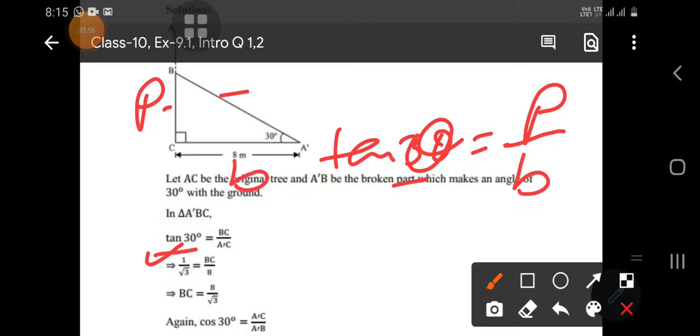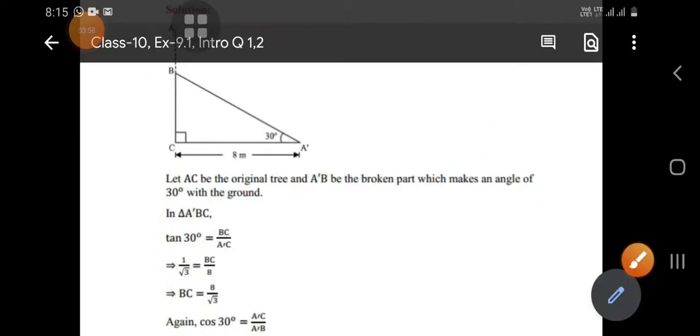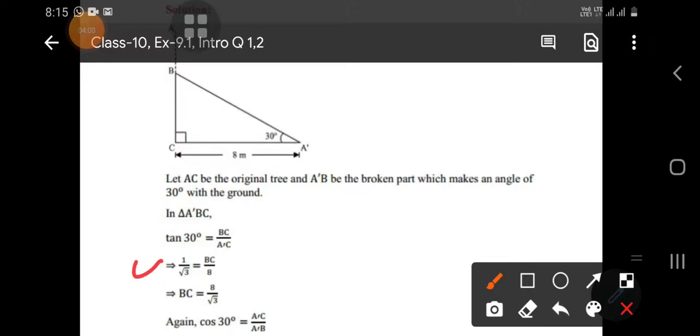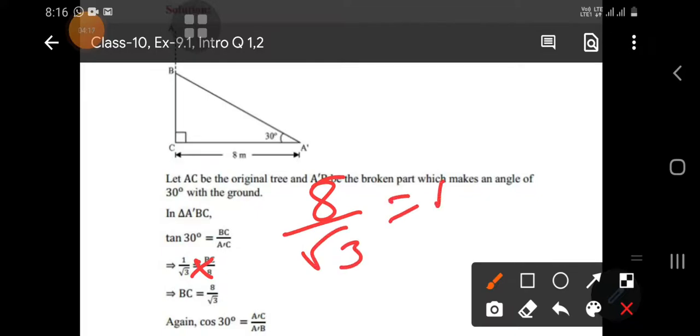Tan 30 is 1 by root 3, BC we don't know, and A dash C is given as 8, so we put it. Now cross multiplying, we get BC equal to 8 by root 3.